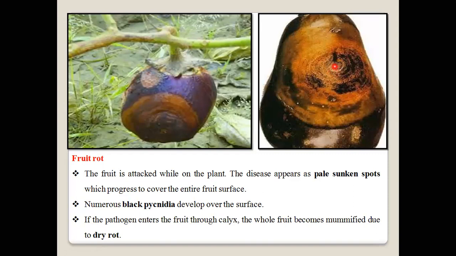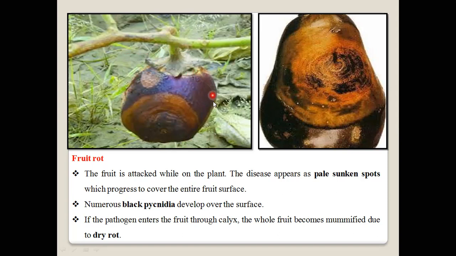If this pathogen enters the fruits through the calyx portion, the whole fruit becomes mummified. After infection through the calyx, these fruits do not develop properly. These mummified fruits generally remain attached to the twigs or branches of the brinjal plants.